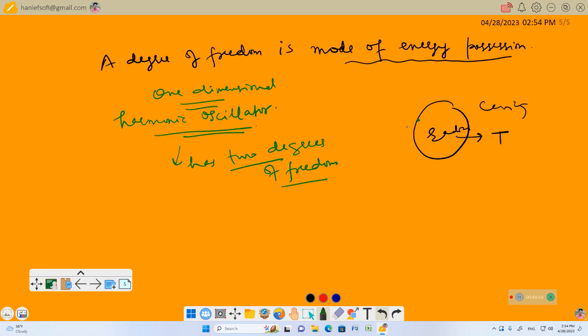Now, Lord Rayleigh and James Jeans considered the oscillator in the cavity wall as a one-dimensional harmonic oscillator and said it has 2 degrees of freedom. Therefore, each oscillator must have energy 2 times half kT, which is kT.